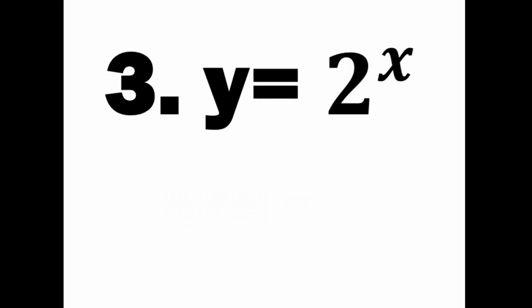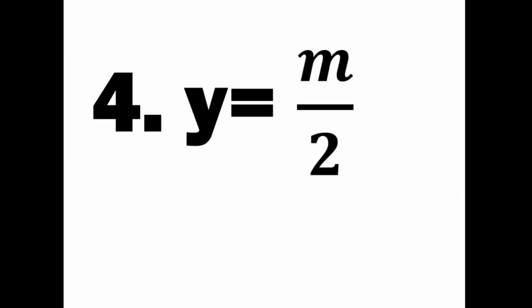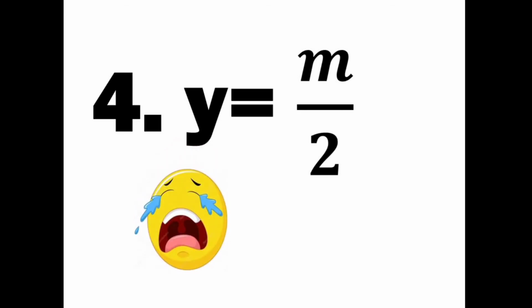Correct. Number 3, y equals 2 raised to x. Is that an inverse variation? The answer again is no. Number 4, y equals m over 2. The answer is a sad face.